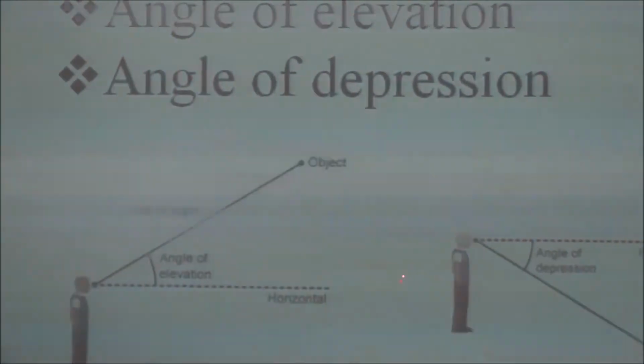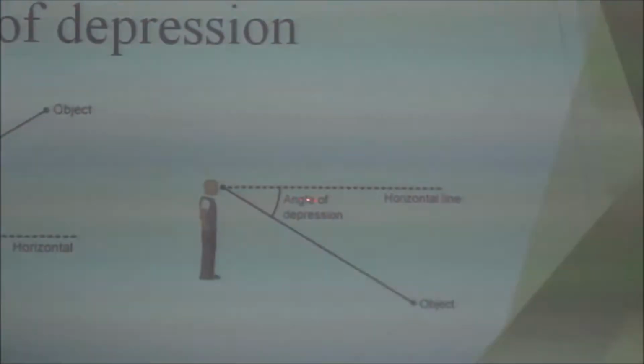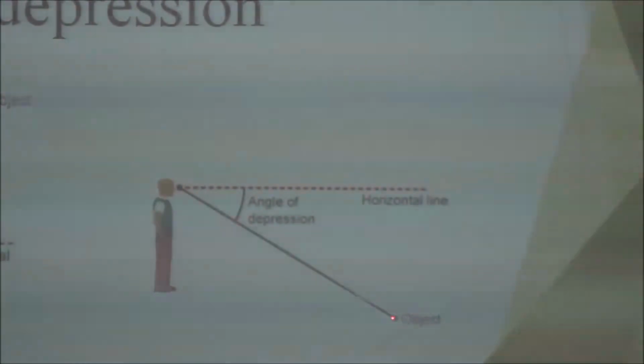The second diagram, a man is looking at a certain point which is below the observer's eye, as you can see. So this one will be the line of sight because it connects the observer's eye and the point of the object to be observed. And this is the level of the eye represented by the horizontal line. So the angle between, this is the angle of depression.